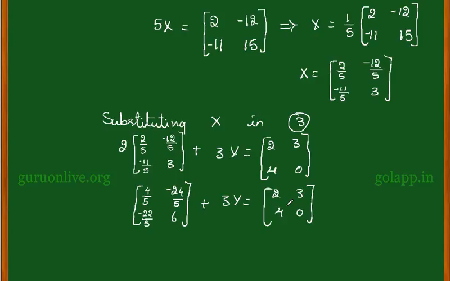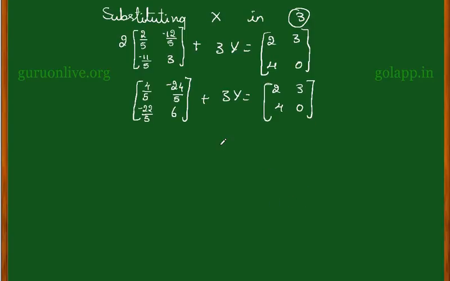So I want to solve for y. So I shift the matrix in LHS to the RHS. So I get 3y is equal to the matrix 2, 3, 4, 0 minus of 4 by 5, minus 24 by 5, minus 22 by 5, 6.